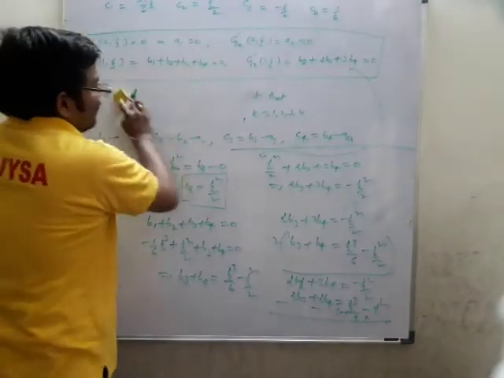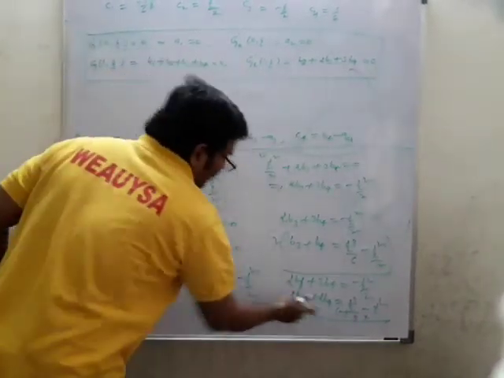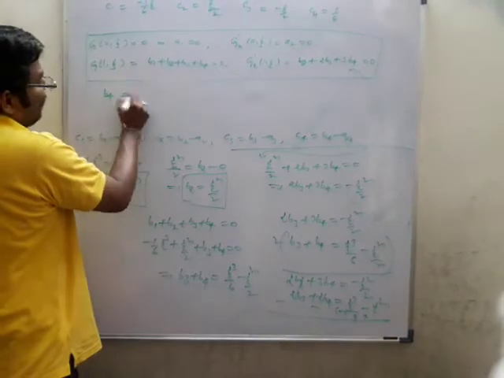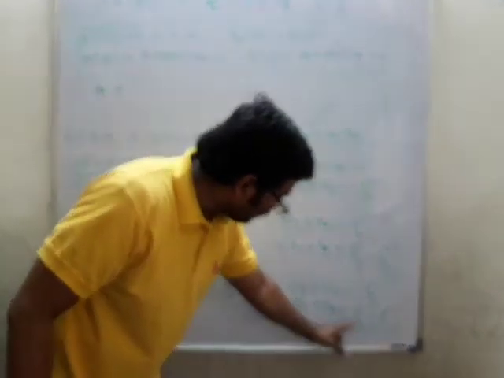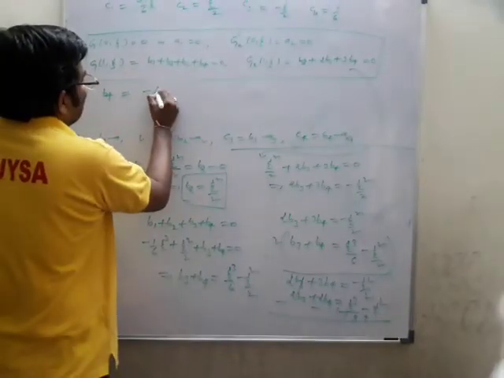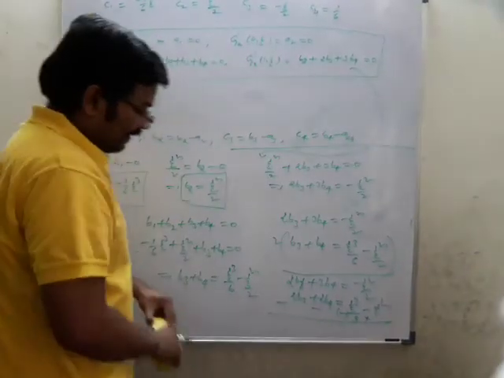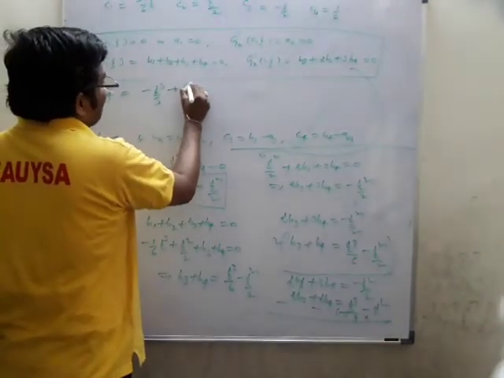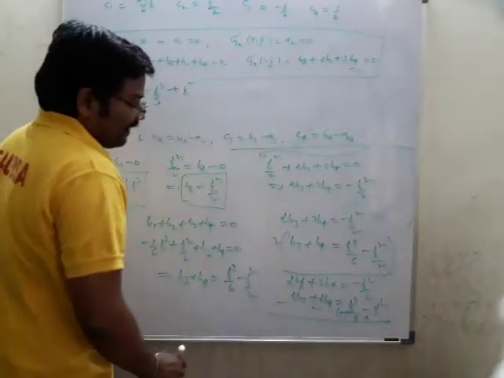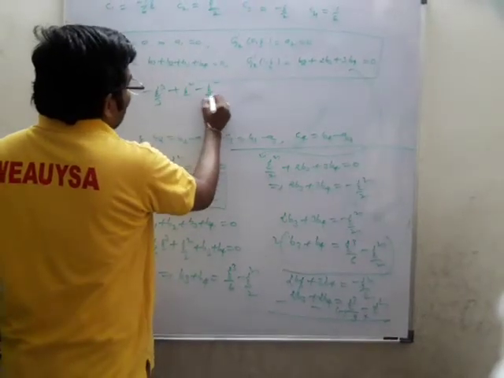Now B4 equals minus xi cube by 3 plus xi square minus xi square by 2.